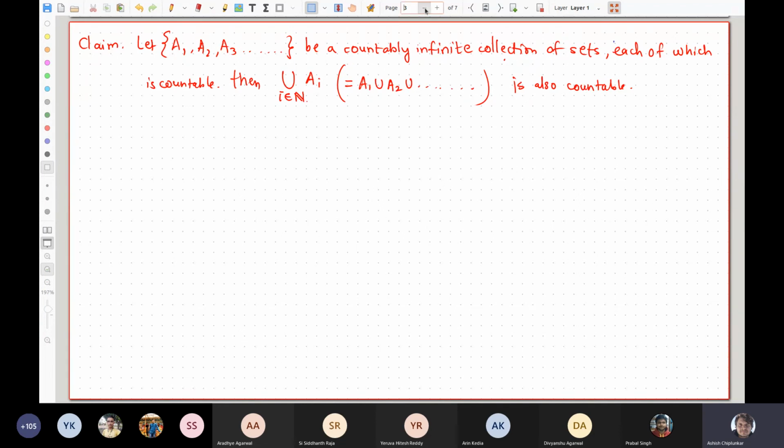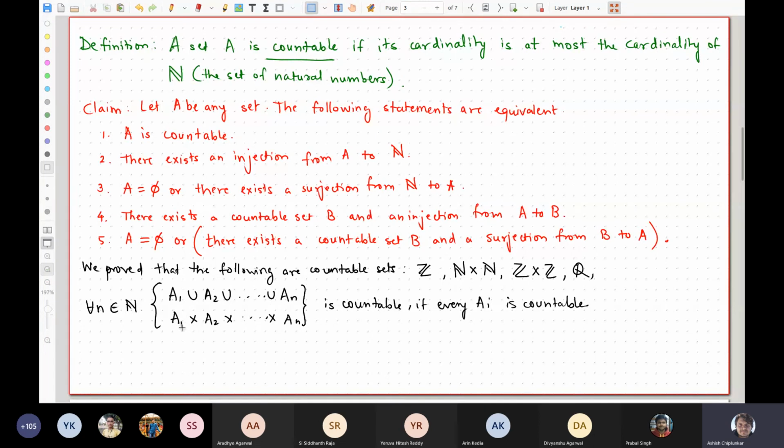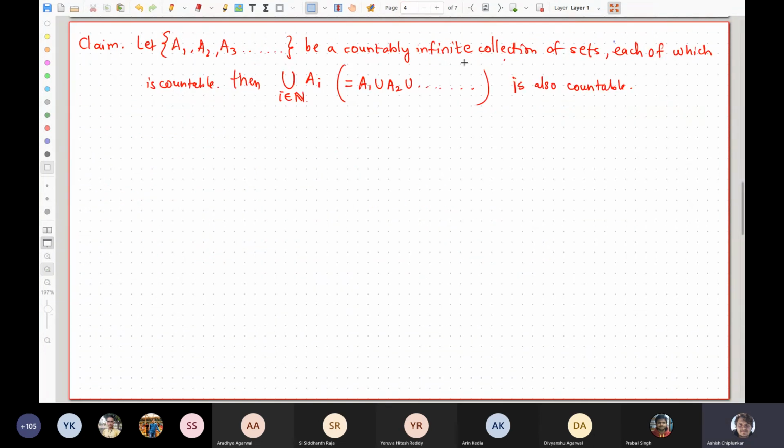We covered the case of a finite collection over here, so let us worry just about the countably infinite collection. Okay, so you have a countable collection of sets and each set in the collection itself is countable. Now we want to prove that the union of all these sets is also countable. So, proof.